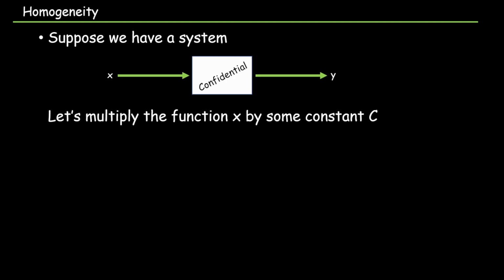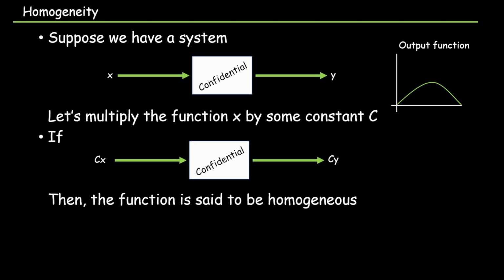Suppose we have a system in which we get some input x and it outputs y, and let's say we multiply the input x by some constant c. I'm only going to show you the output function. Let's say we input something x, and it outputs a half sinusoidal wave, the sine wave from 0 to pi. That's the output function y. Now we multiply by some constant c and input the new input, x times c, and it outputs y times c.